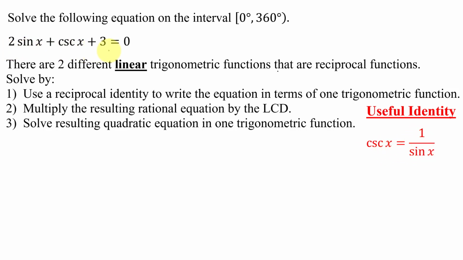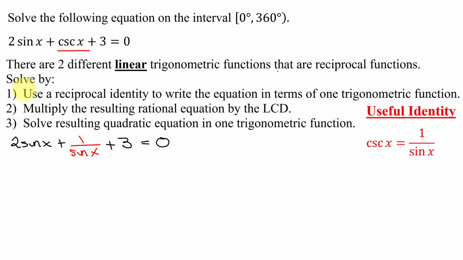So my equation up here is going to become 2 times the sine of x plus, instead of the cosecant of x, I'm going to write 1 over the sine of x plus 3 equals 0.